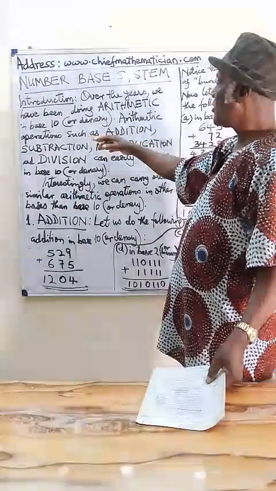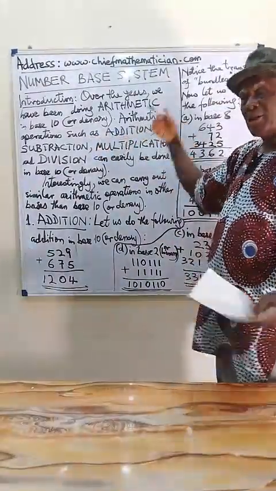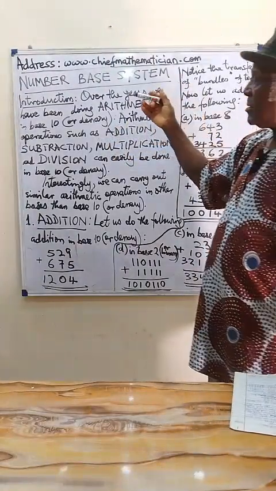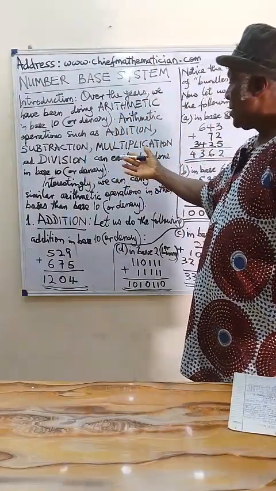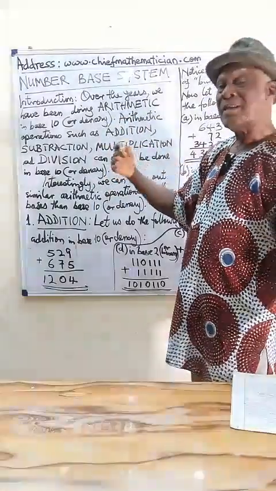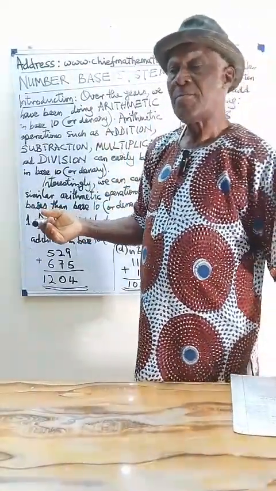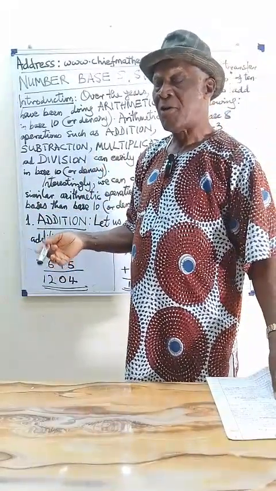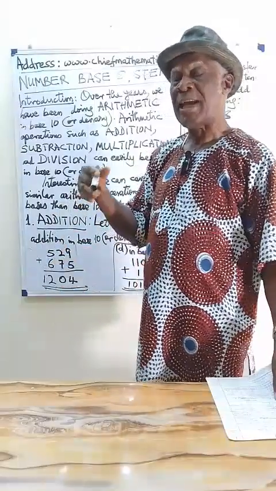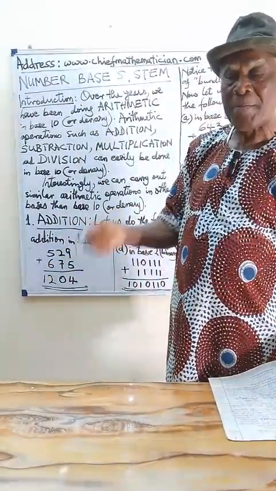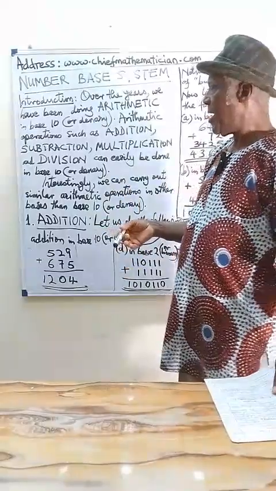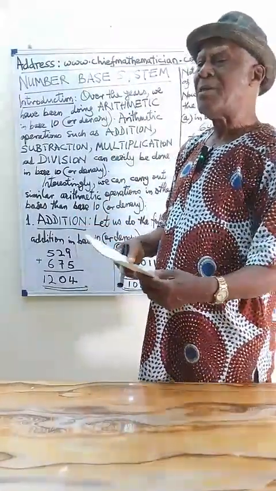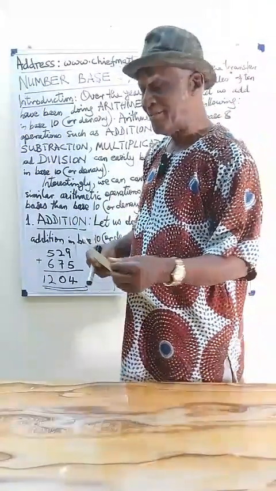Arithmetic operations such as addition, subtraction, multiplication, and division can easily be done in base 10, beginning from the nursery to KG, to the primary, to secondary, and so on.